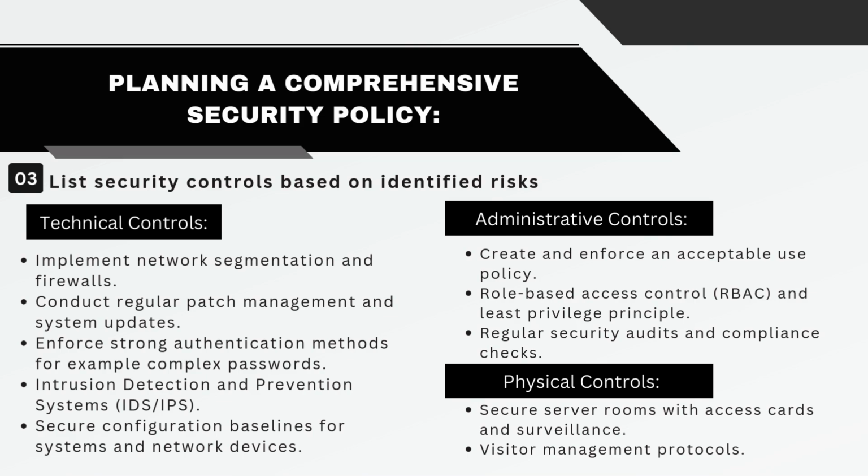Number 3, list security controls based on identified risks. Technical controls: implement network segmentation and firewalls, conduct regular patch management and system updates, enforce strong authentication methods, for example complex passwords, intrusion detection and prevention systems, also known as IDS and IPS, and secure configuration baselines for systems and network devices. Next is administrative controls.